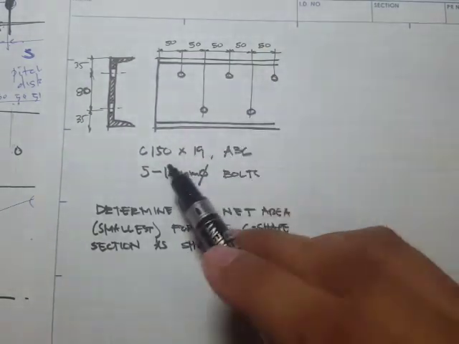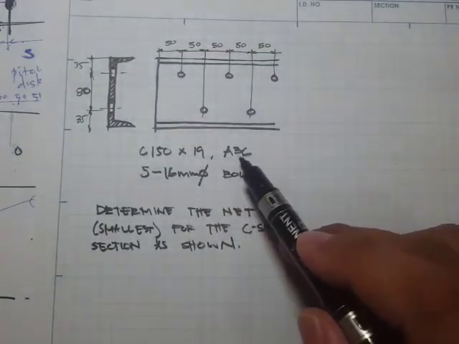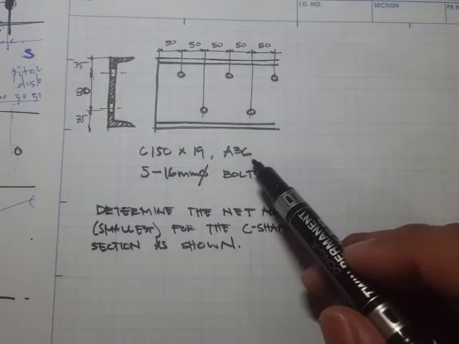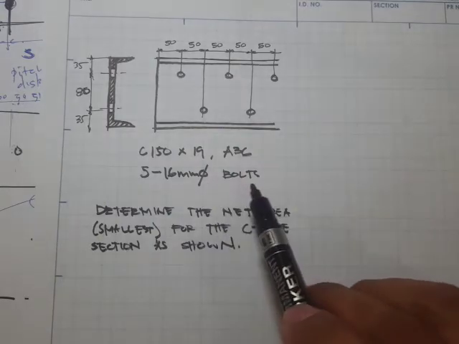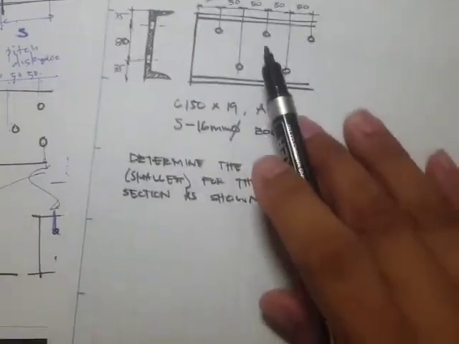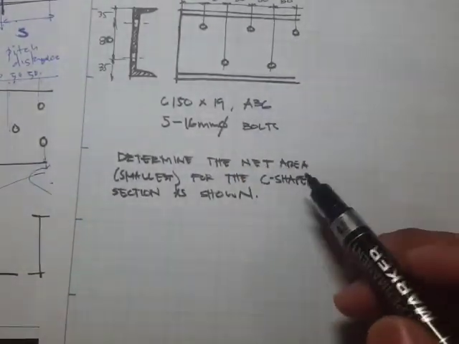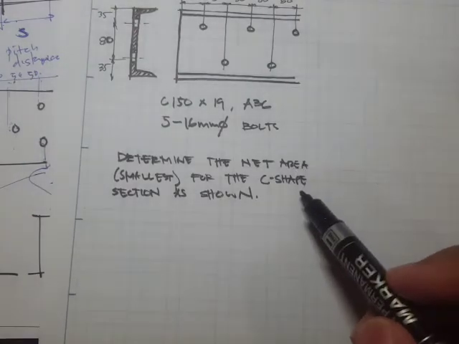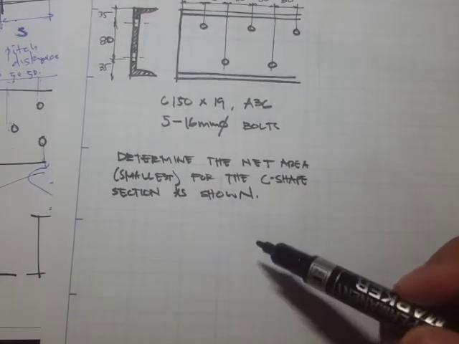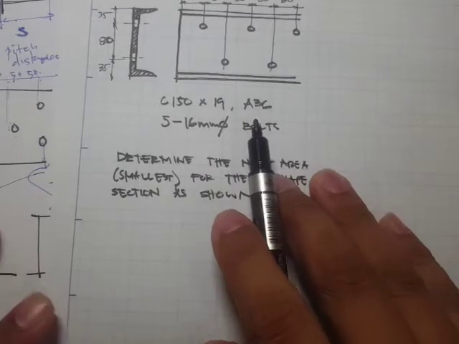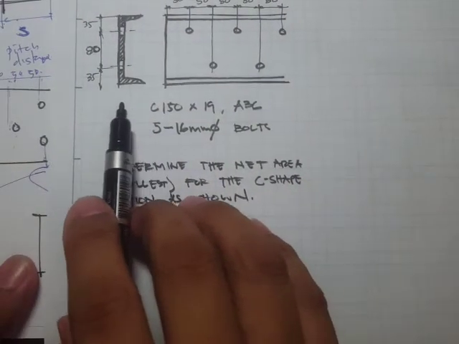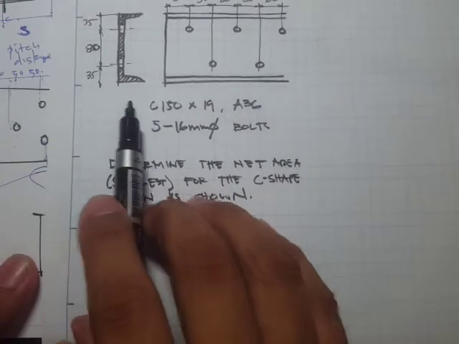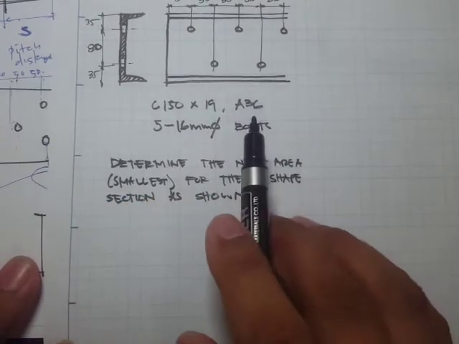The C section is 150 by 19, it's A36, and the bolts are 5 pieces of 16 mm diameter bolts. The problem says we have to determine the smallest net area for the C-shaped section as shown.